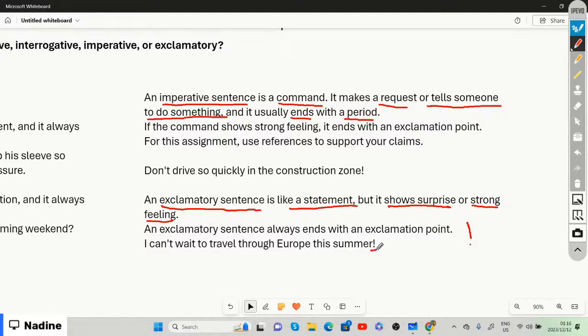And there we even have that exclamation mark. So we see that an exclamatory sentence is like a statement, but it shows more surprise or strong feelings, right?